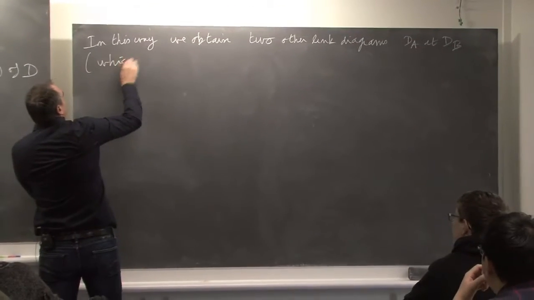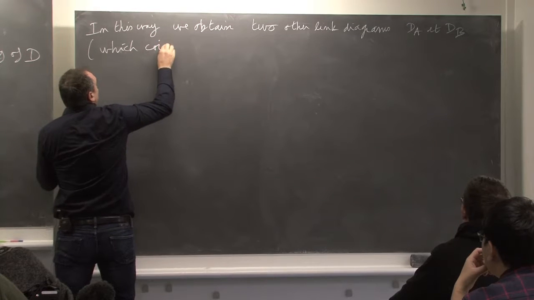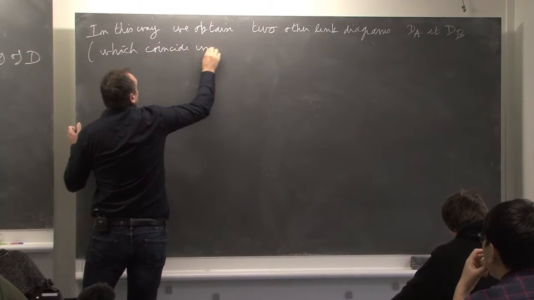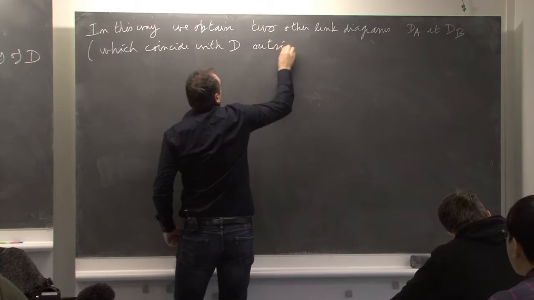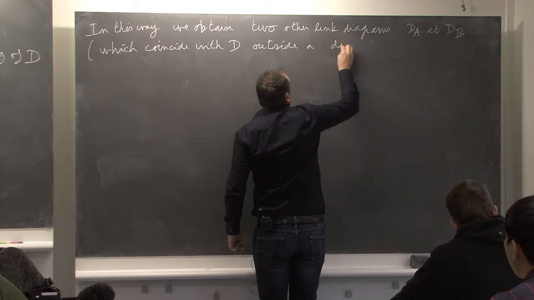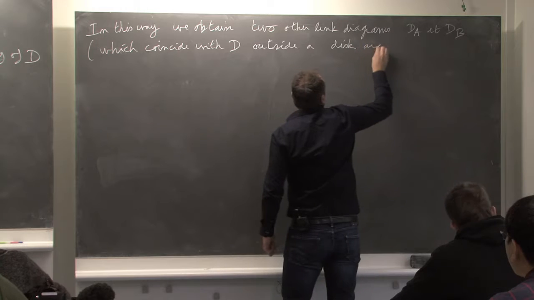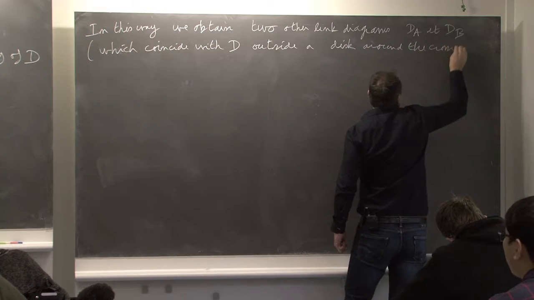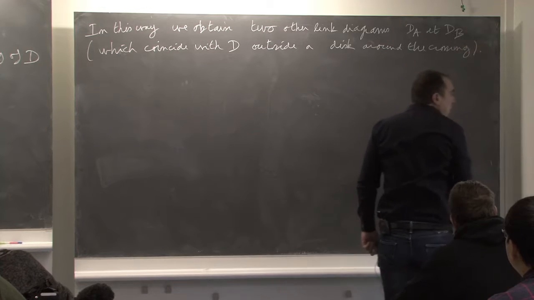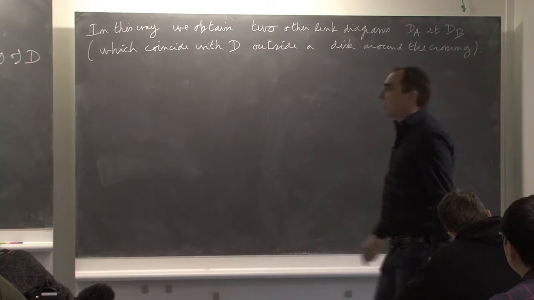And these diagrams coincide with D outside a disk around the crossing. Okay.